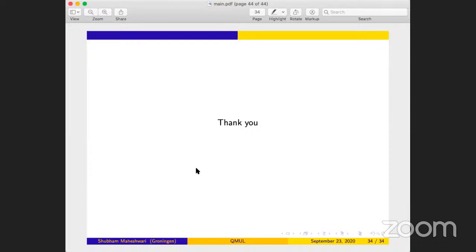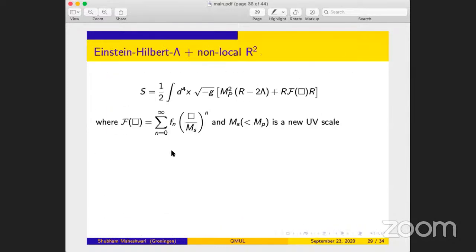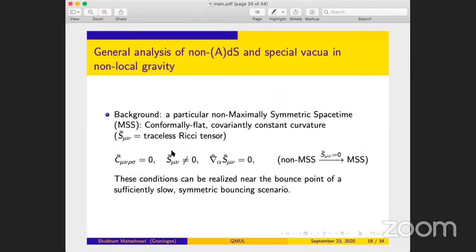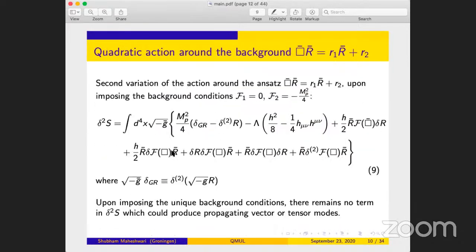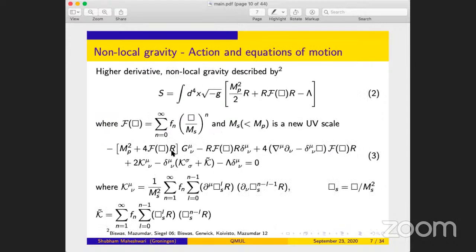I had one. Yeah, Tessa here. Hi, Shubham. I was just wondering, in your talk, what exactly was the definition of non-local? The reason I ask is because lots of the functional forms you were presenting look rather different to what I've seen described as a non-local theory in lots of other contexts.